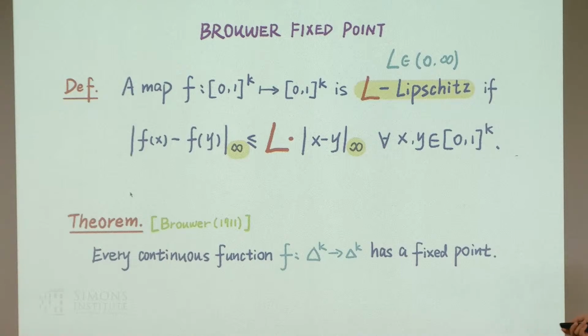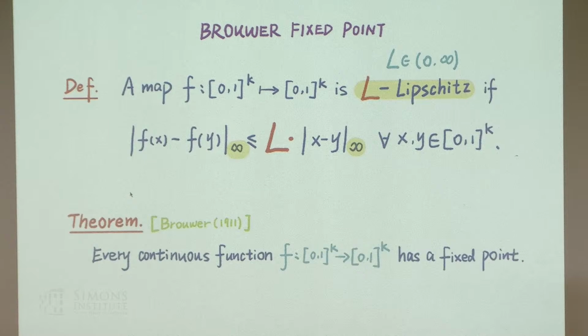The Brouwer fixed point theorem is a more general theorem than Banach. It says every continuous function has a fixed point. And we can extend it to [0, 1]^k. That's very easy. But the point is, Brouwer can only guarantee existence of a fixed point, but not a unique fixed point. So that's the significance of contraction.